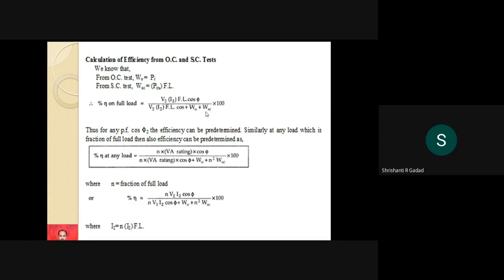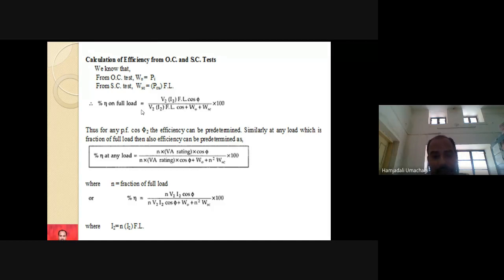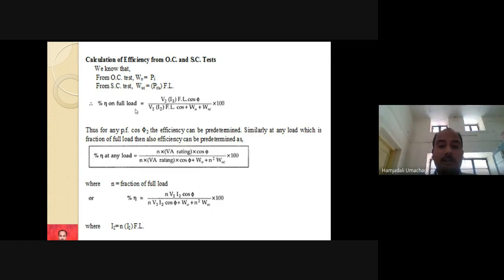Yes, sir. Now, this formula we are using to calculate efficiency is for the full load condition. Full load means you are applying 100% load on the transformer. But I told you in the beginning that the advantage of this method is that for any given power factor condition and for any given loading condition, I can estimate the efficiency of the transformer.